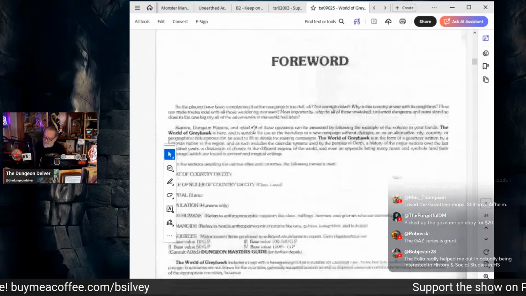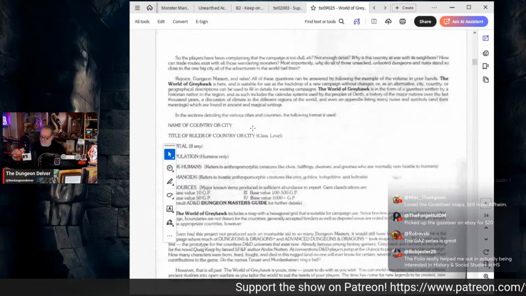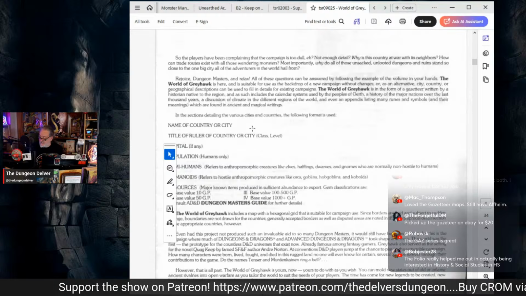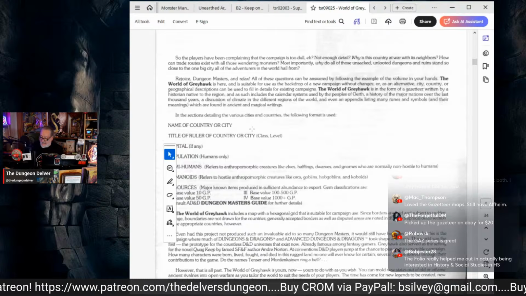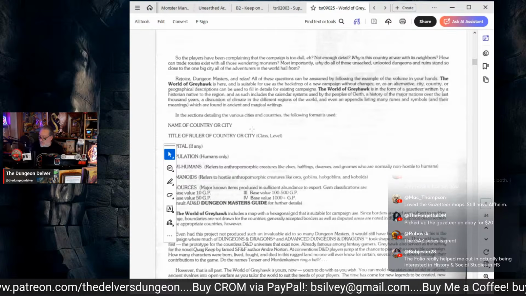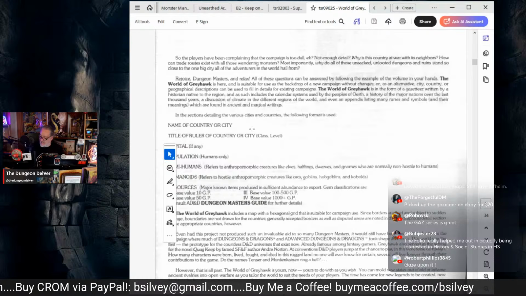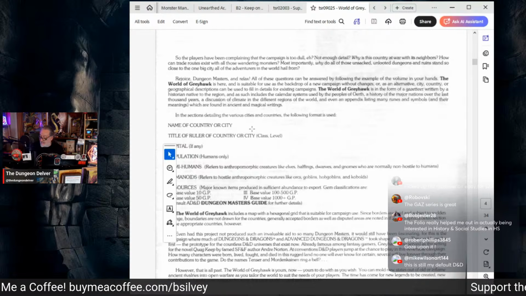And so the introduction, or the foreword. So the players have been complaining that the campaign is too dull, eh? Not enough detail? Why is this country at war with its neighbors? How can trade routes exist with all those wandering monsters? More importantly, why do all of those unsacked, unlooted dungeons and ruins stand so close to one big city all of the adventurers in the world hail from?